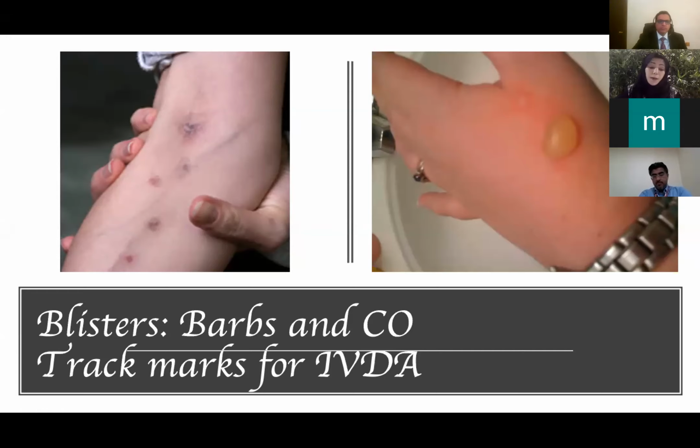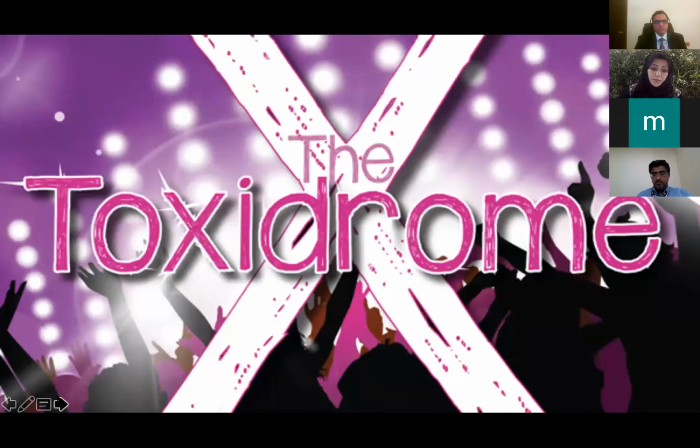So the CO poisoning patient and the barbiturate poisoning patient will present with blisters, and if they are barbiturate, somehow they take the barbiturate PO and somehow it shows up in the fluid in the blister. It's interesting, but I'm not sure you could use it once upon a time, but I know the forensic people do. I hope that we don't use it in the emergency.